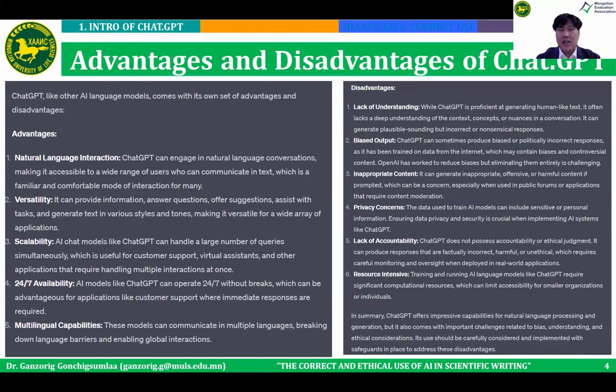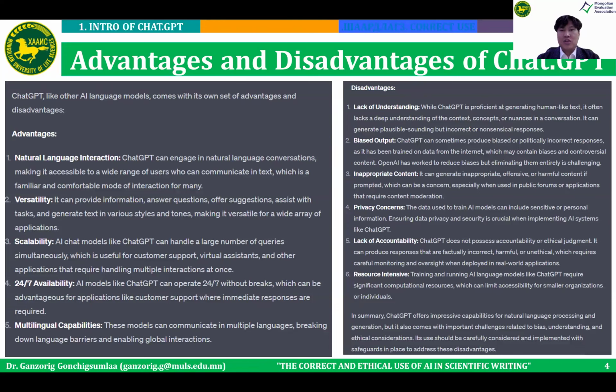Disadvantages: there's a lack of understanding sometimes, because ChatGPT does not completely understand some of the questions. Because it's AI, it's a kind of robotic, there's no person behind, and we don't have to trust it all the time, because if ChatGPT did not really understand, even the responses given are sometimes not valid.